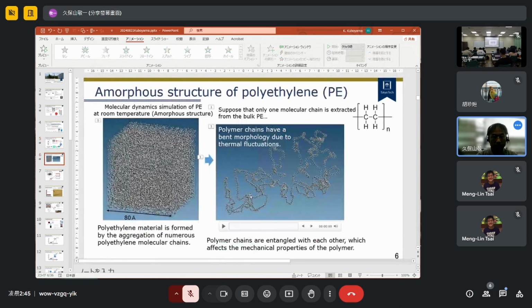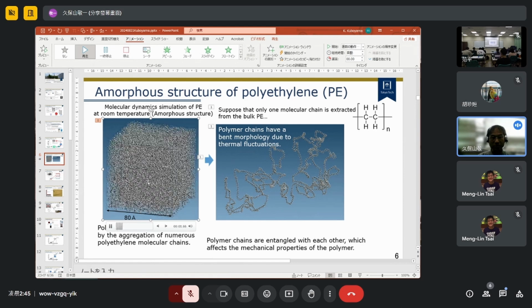And this is a molecular dynamics simulation of polyethylene at room temperature. This is the bulk state of the polyethylene. It includes many polyethylene molecular chains, but maybe you cannot distinguish each molecule from this picture.